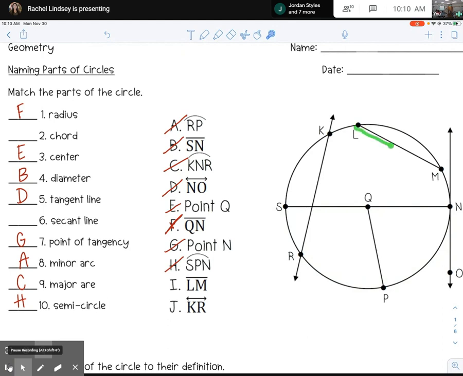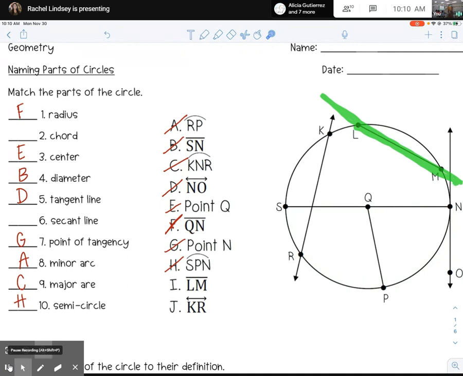Okay, what's LM? A chord or a secant? Is that a chord or a secant? Let's see. Chord. Because it doesn't go through the circle. If it extended out like that, then it would be a secant.